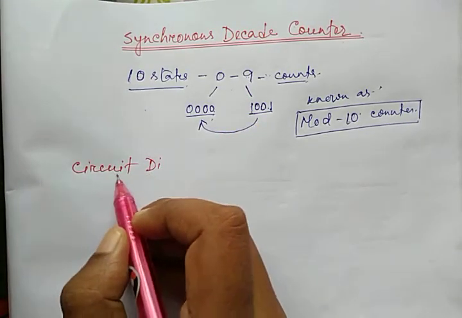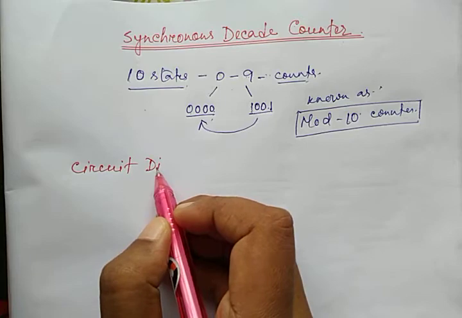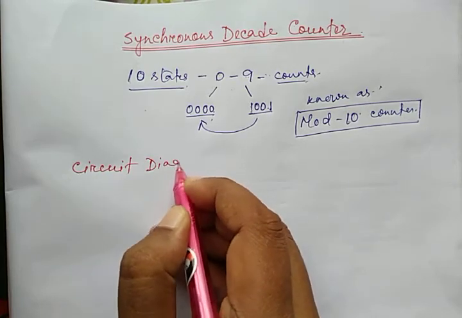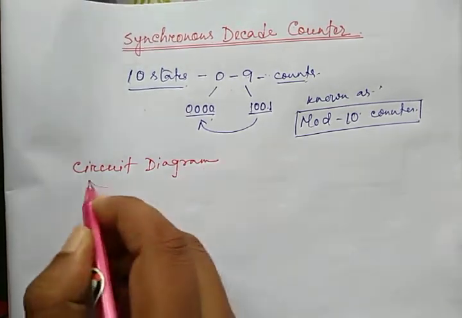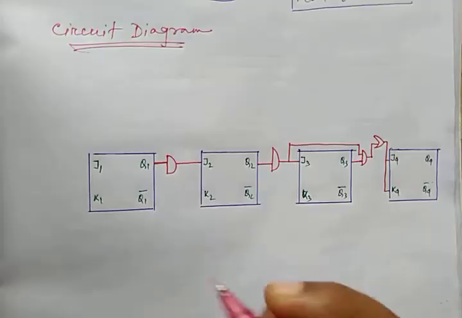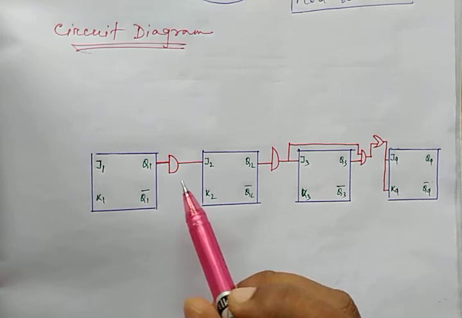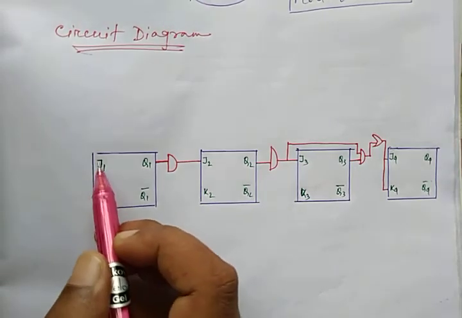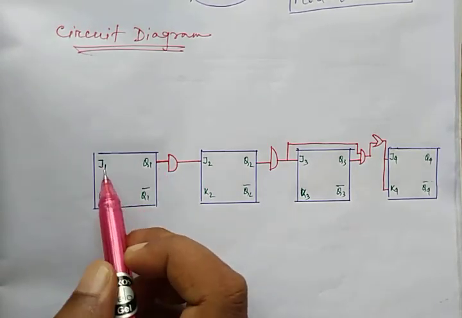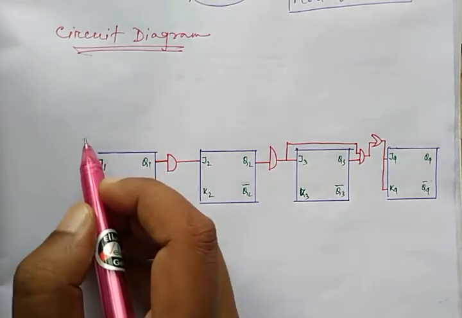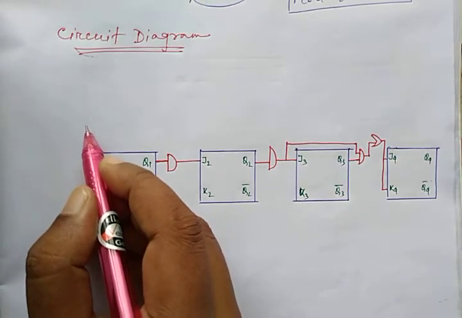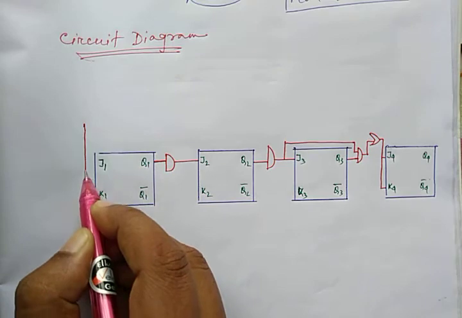So let us see how it will perform. Circuit diagram. This is our basic circuit diagram of 4-bit synchronous counter. We know that the first flip-flop, J1 K1, is connected as an input high from outside world.